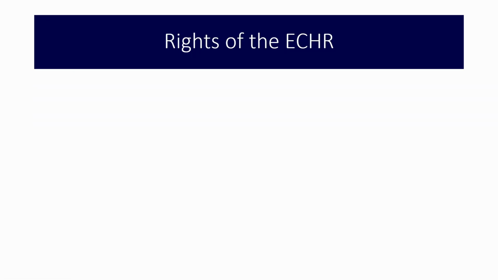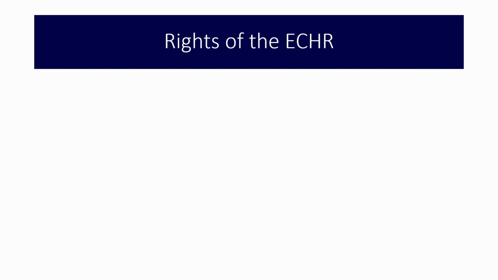The rights which the ECHR is supposed to guarantee are set out in the first part of the Convention. Article 1 of the Convention does not deal with a specific right. It sets out the obligation of states to secure the rights and freedoms entrenched in the Convention to all persons within their jurisdiction.